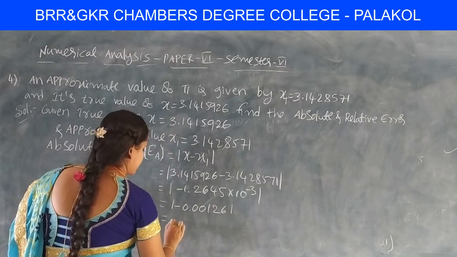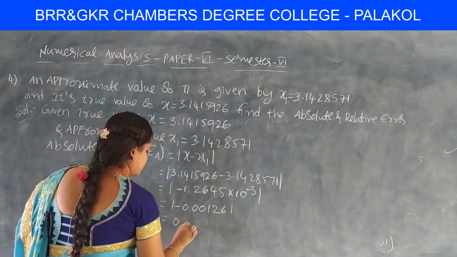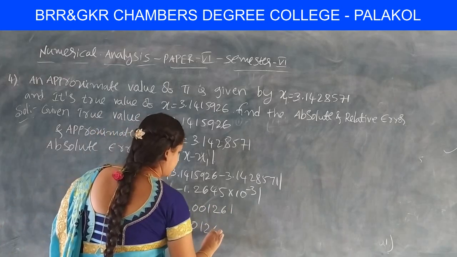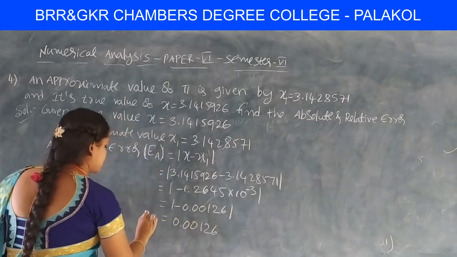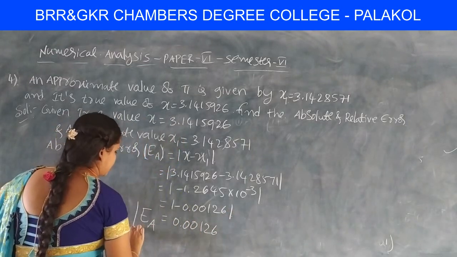Modulus value is always positive, so 0.00126. This value is the absolute error.